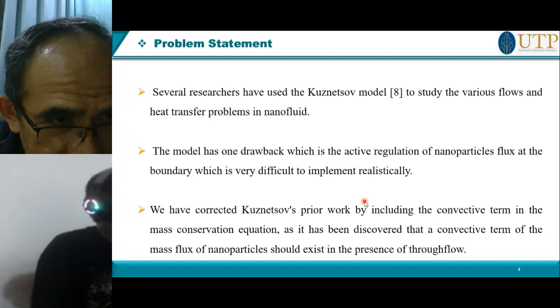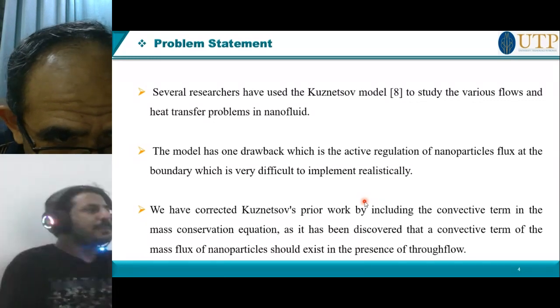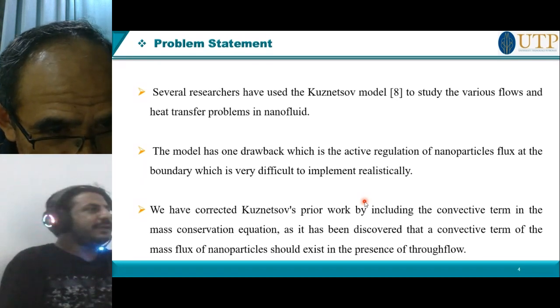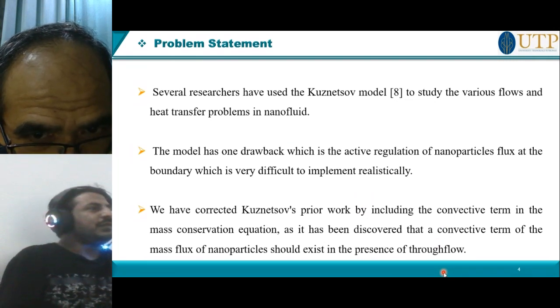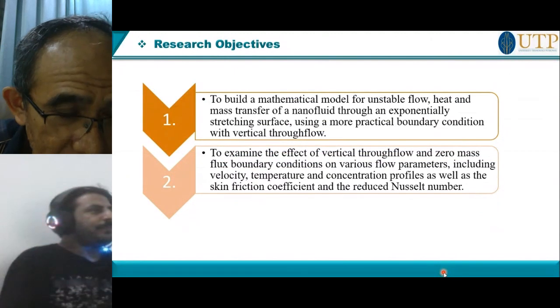Also number three, you cannot say you have corrected. Yes, we have corrected and added this, but that is not a problem. Correction is not a problem. Correction is a solution. This belongs in the research objectives, just my suggestion.